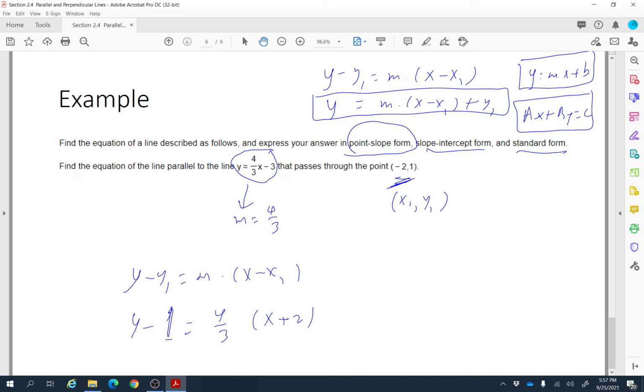You can always bring this one to the right side. This is the point slope form. From point slope form you can go to slope intercept form or standard form by just rearranging some of the terms from here to there or there to here. I will let you do that, but this is the point slope form.